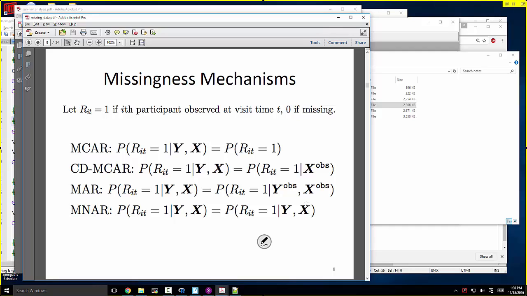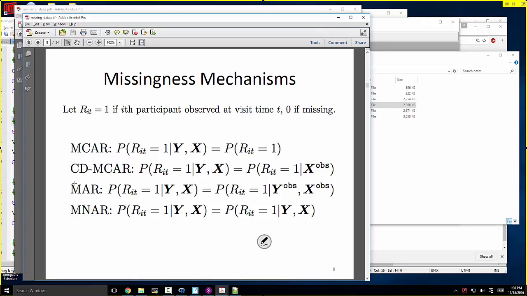So if I can explain the missingness in terms of the data that I did observe, that's something we can also deal with. It's not as easy to deal with as missing completely at random, but things like imputation, if you've heard of multiple imputation techniques, those are applicable to missing at random.